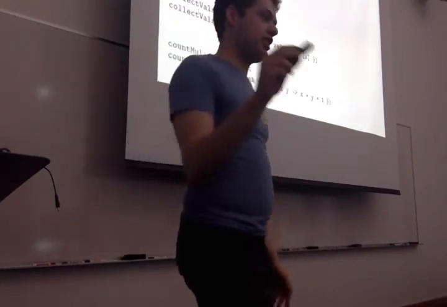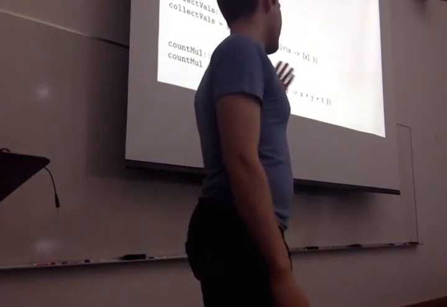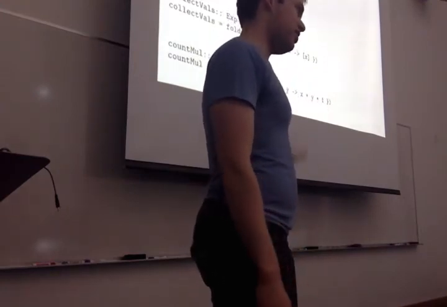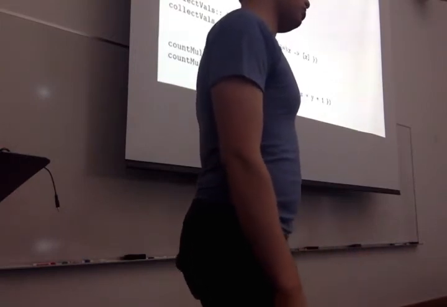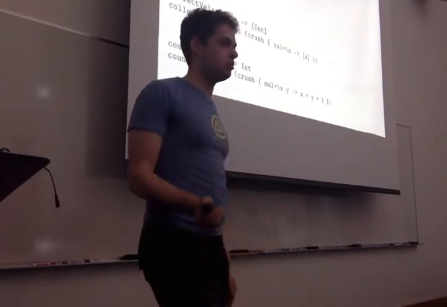And similarly, if I wanted to count the multiplications, I just add a 1 at every multiplication site and do the same thing with the integer monoid. And now I have something that counts all the multiplications in my program.